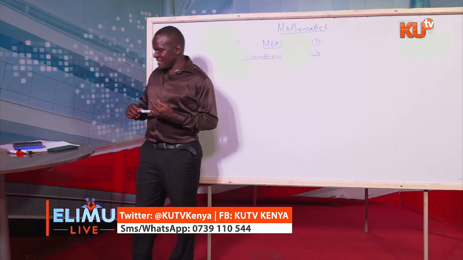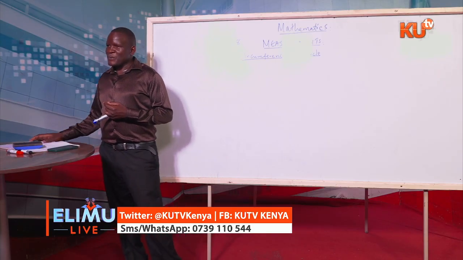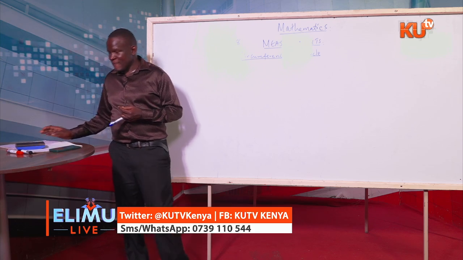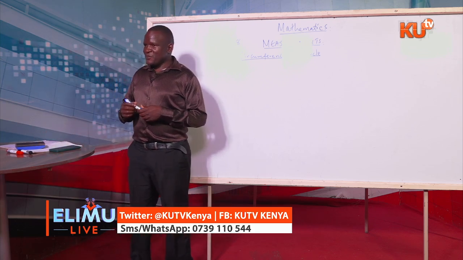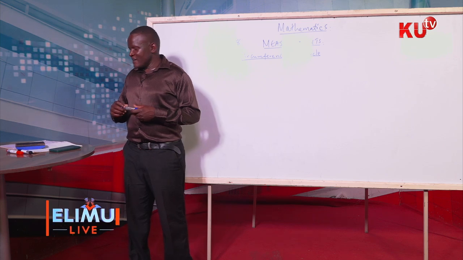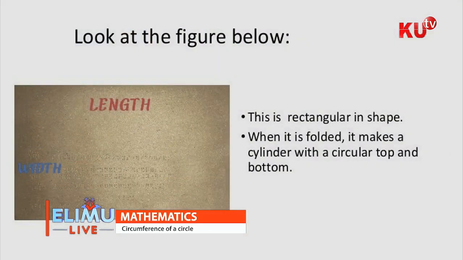If we move to the next slide, we have a figure of a rectangle. The figure is rectangular in shape. So on our slide, we have the length of the rectangle, and we also have the width of the rectangle.